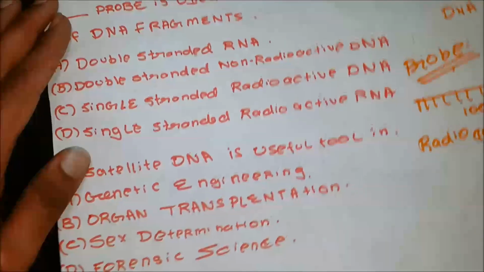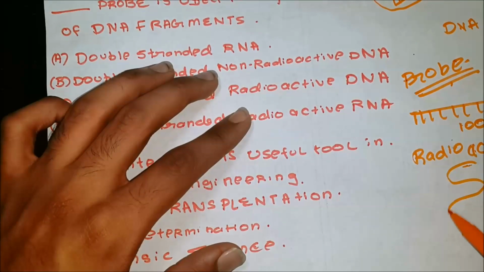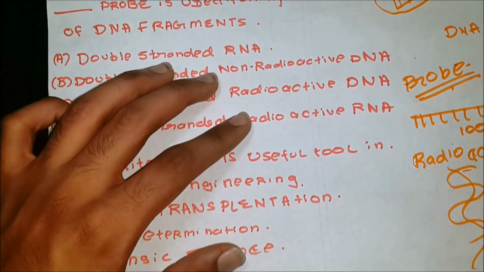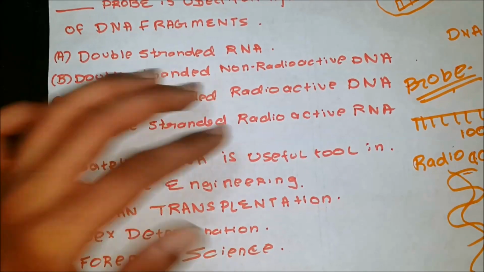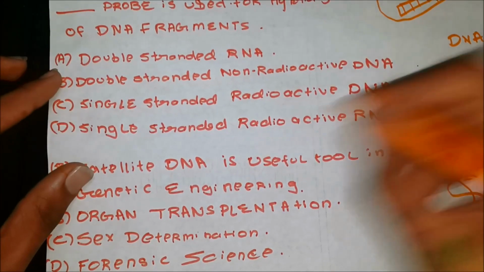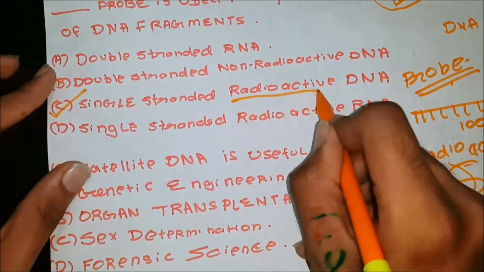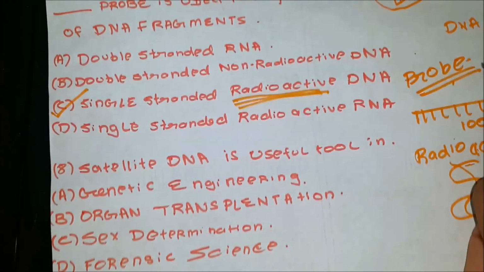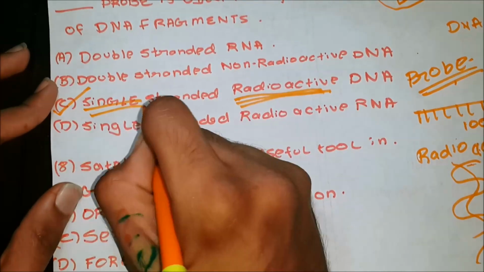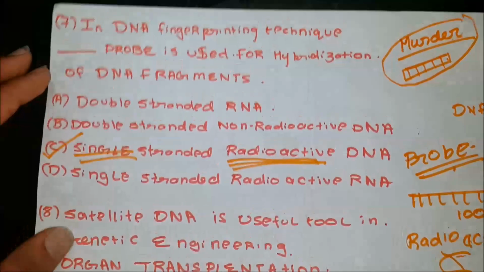Now if this is going to be complementary to this, it will start pairing, and we can say that the suspect is guilty. So we'll use a single stranded radioactive DNA. The option is C. Radioactive because we can detect, because radioactive things would shine or glow, and single stranded because it has to pair with the other DNA sample that we just obtained.